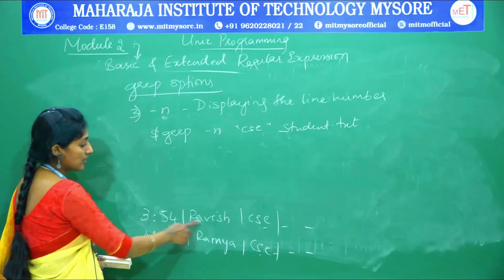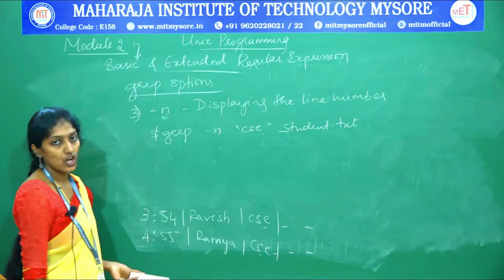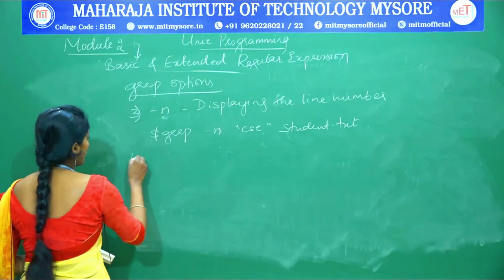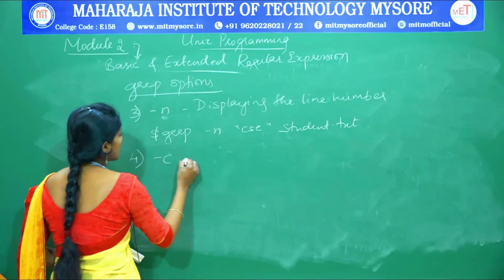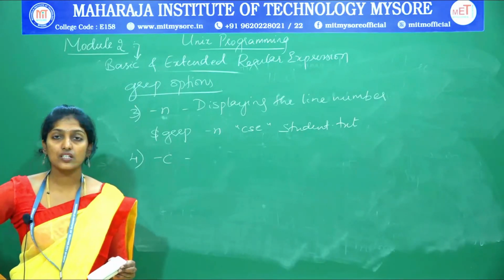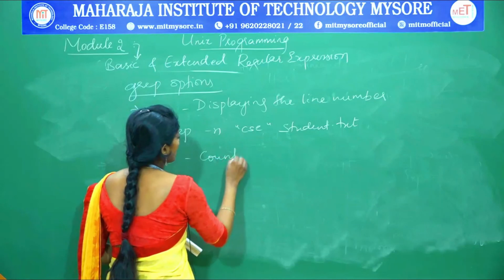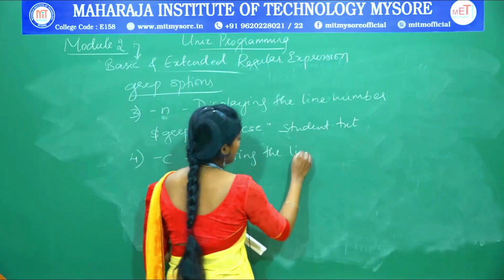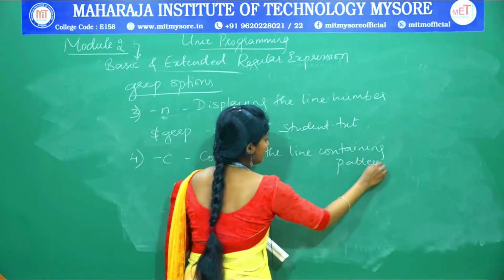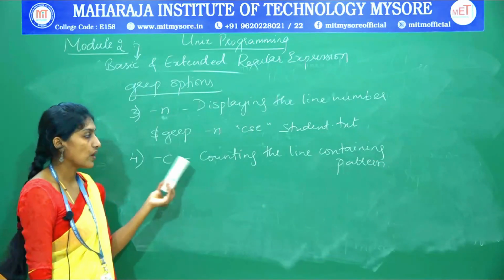At line number 3, the CSE pattern is there, and at line number 4 the CSE pattern is there from the student.txt file. The next option is -c. What does this -c do? It is going to give you the line count, counting the lines containing the pattern you have given.